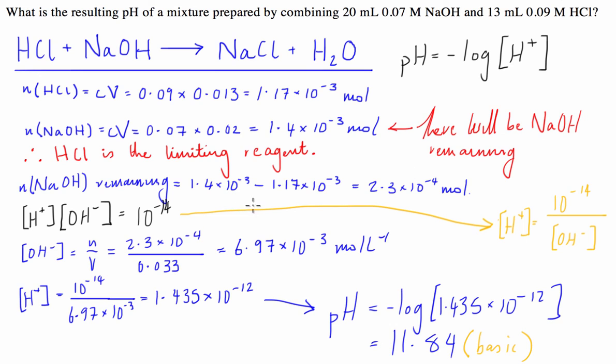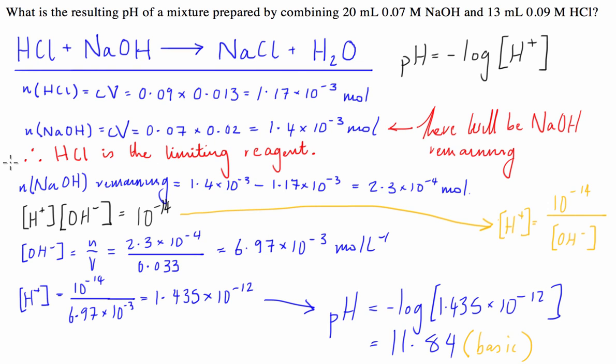Okay, so let's just quickly go through what we did. First, we wrote down our formula for the reaction that we were going to have, in this case a neutralization reaction, to work out our molar ratios of acid to base. Once we'd written the equation down, it was quite simple that there was going to be a 1-to-1 ratio. What we then did is we worked out the number of moles of each of them, and as a result we were able to determine what the limiting reagent was.